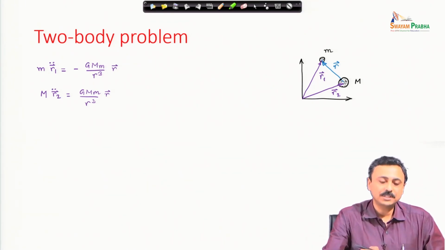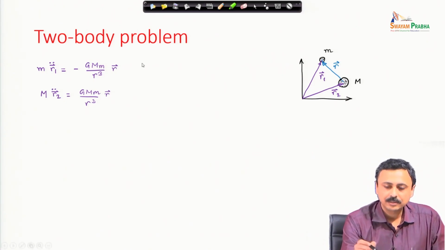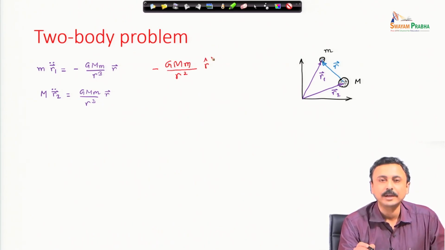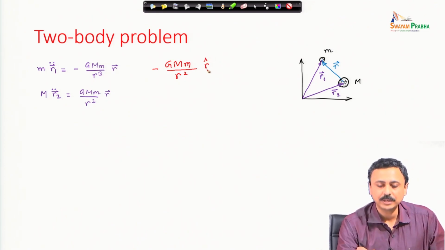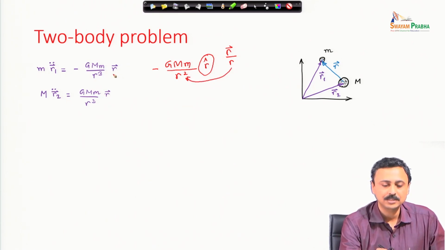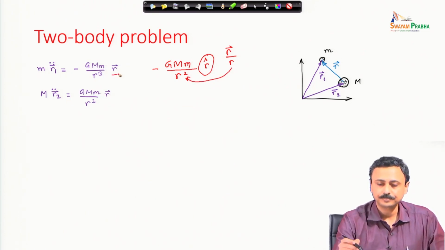Now this point we have discussed before, it is r square. Normally this force is minus G M m by r square times unit vector r. Now this unit vector r I am writing as r vector by r, and this r gets coupled here to give me r cube, and this vector r sits here.